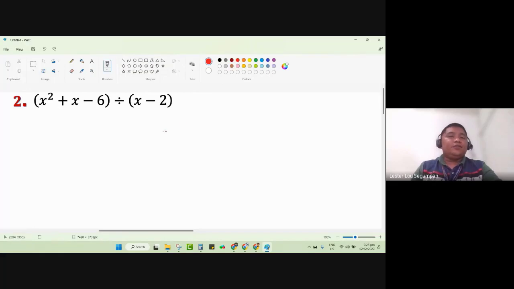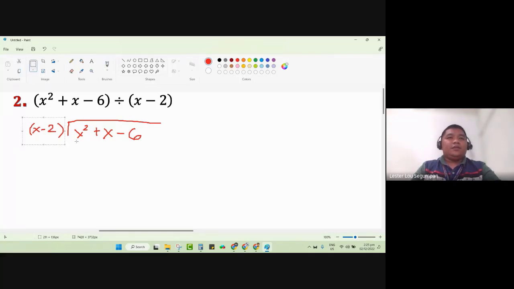So for number 2, we have x squared plus x minus 6, this trinomial, to be divided by a binomial, x minus 2. Again, the process: we are going to place the dividend here, which is x squared plus x minus 6, and our divisor is x minus 2.